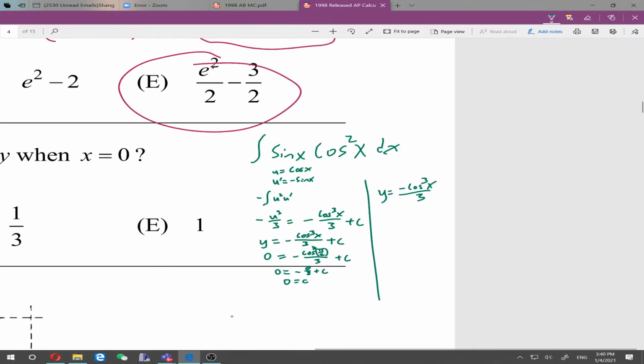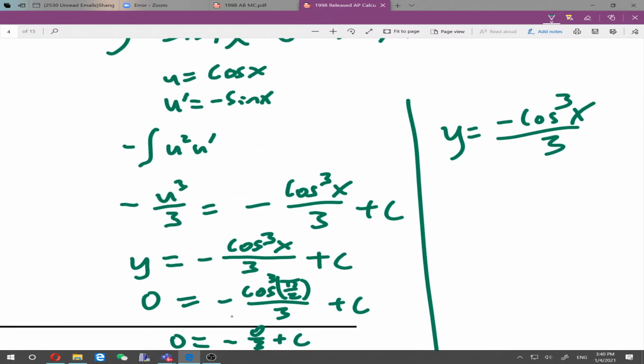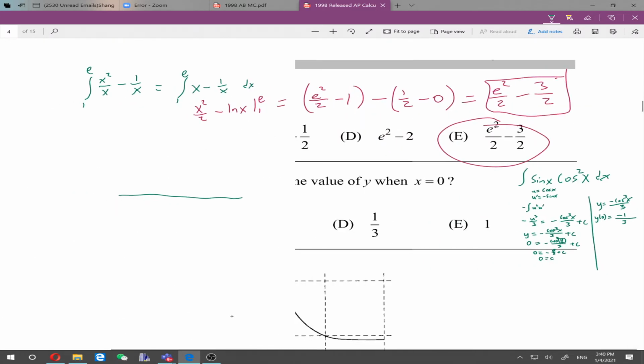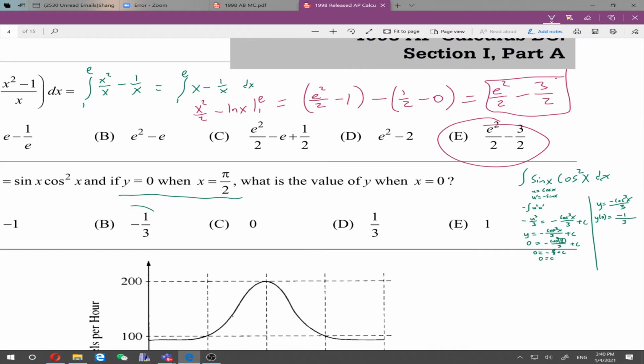And we need to figure out what happens when x is 0. So what is y when x is 0? Negative 1 over 3. All right, so that's B.